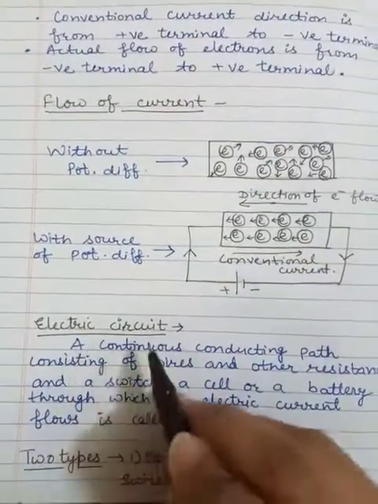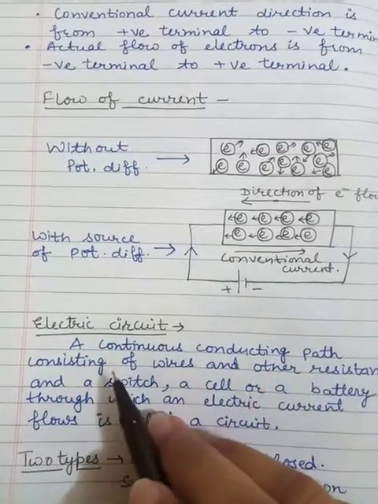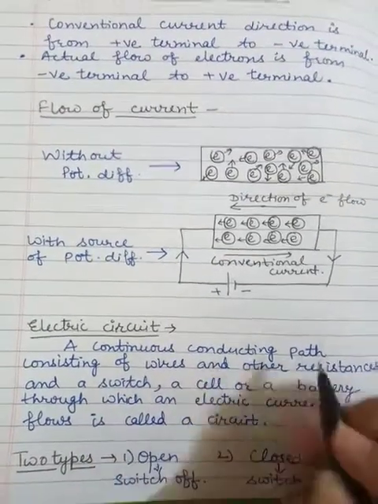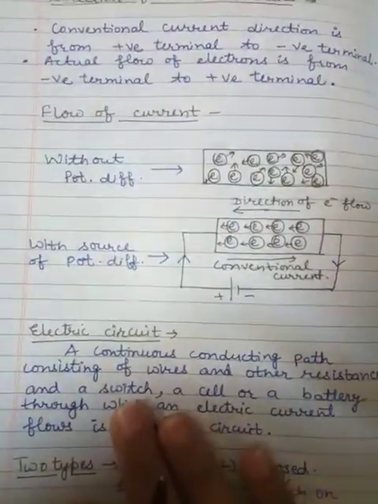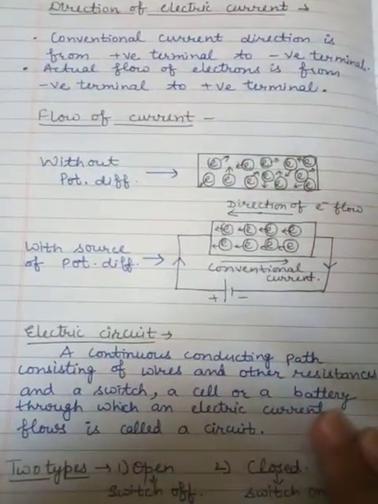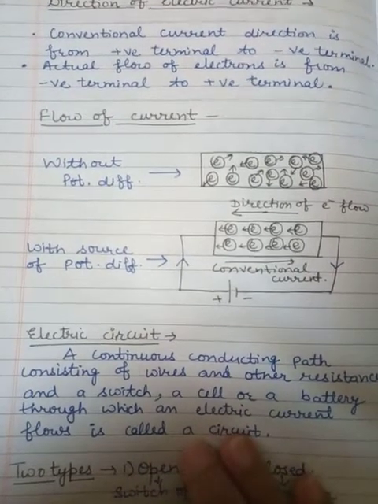Now what is an electric circuit? A circuit is a continuous conducting path consisting of wires and other resistances, and a switch, a cell or a battery, through which an electric current flows. It is called the circuit.